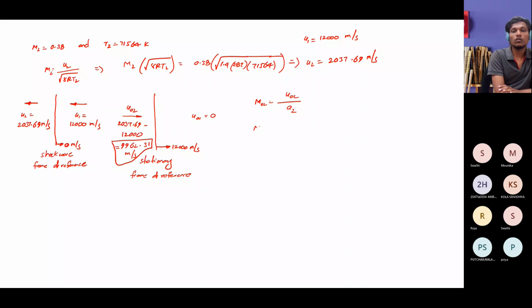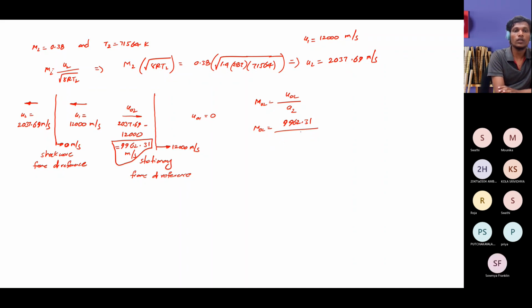So to calculate M02, we use 9,962.31 over the a value we already solved, which is around 5,362.35 meters per second.